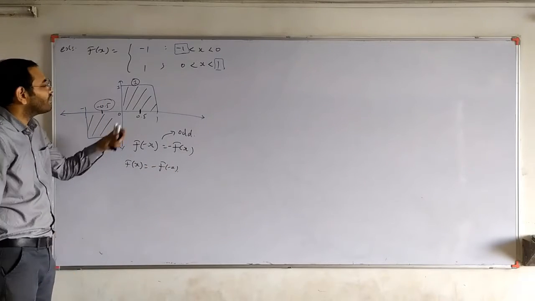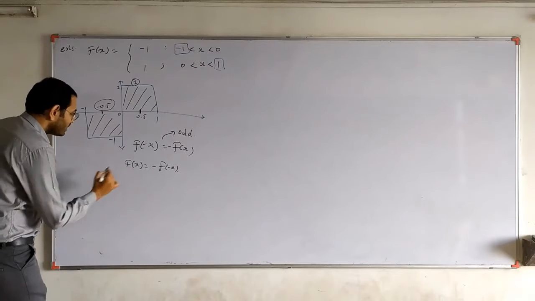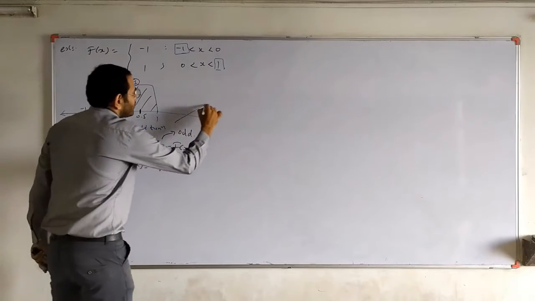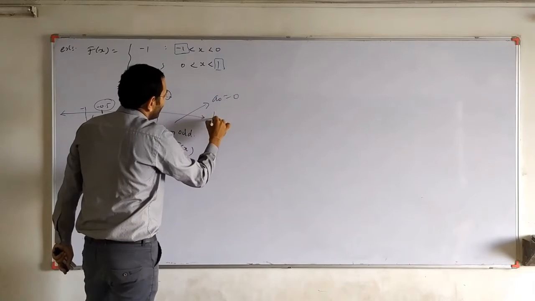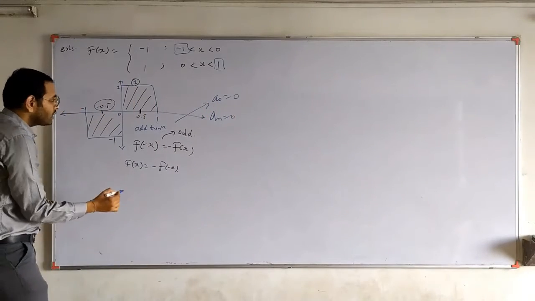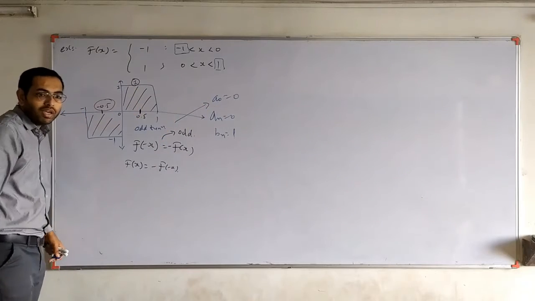So we can say that the given function is odd. If the function is odd, then a0 equal to 0 and an equal to 0. No need to solve this. We go directly to finding just Bn.